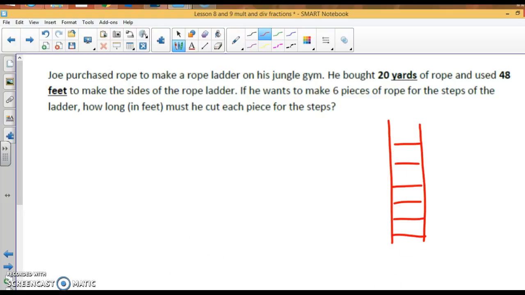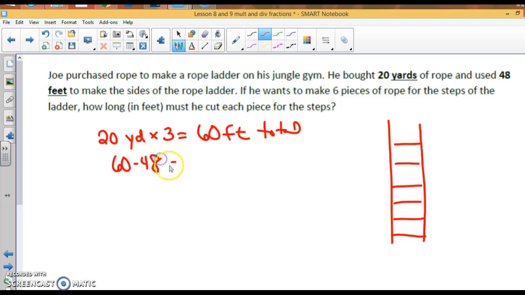So, 20 yards, the first thing I need to do is change that into feet. So, there's 3 feet in every yard. That's 20 feet total. Or, I'm sorry, 60 feet total is what you started with. You used 48 feet for these 2 sides. So 60 minus 48 gives you 12 feet left.